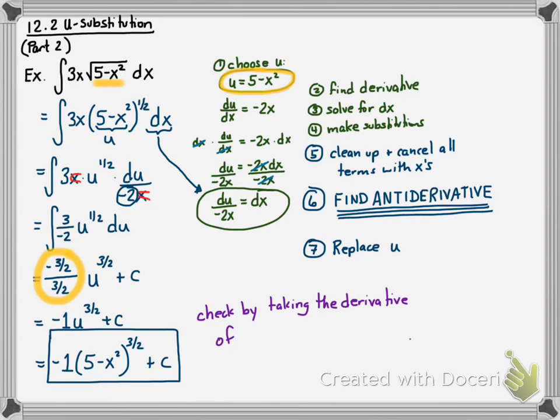So in other words, taking the derivative of -1 times 5 minus x squared raised to the 3/2 plus c. And if I take the derivative of that, I had better get back what we started with up above. I had better get back 3x times the square root of 5 minus x squared. If I don't, then something probably went wrong.